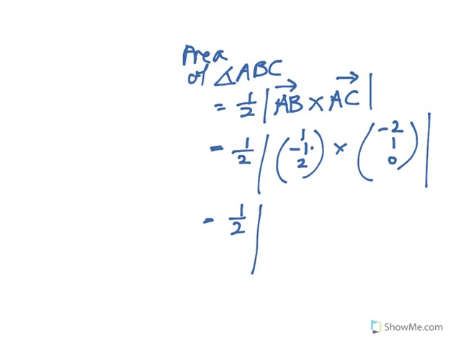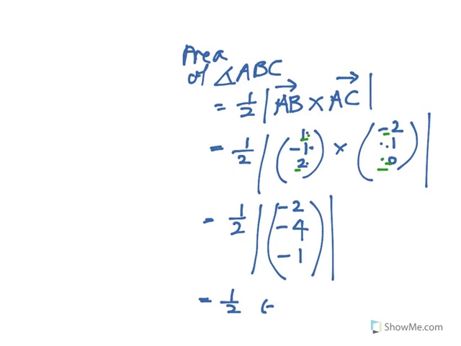The first component: -1 times 0 is 0, minus 2, so you have -2. The second component: 0 minus negative 4, which gives -4. The last one would be 1 minus 2, so you have -1. Remember, we are finding area, so the modulus of this will give us half of the square root of (-2) squared plus (-4) squared plus (-1) squared.